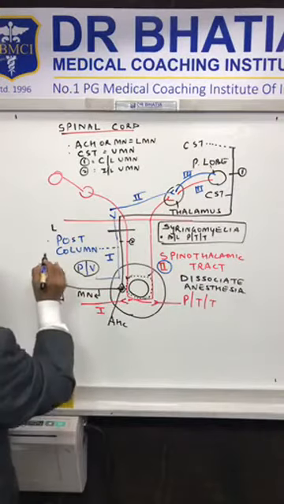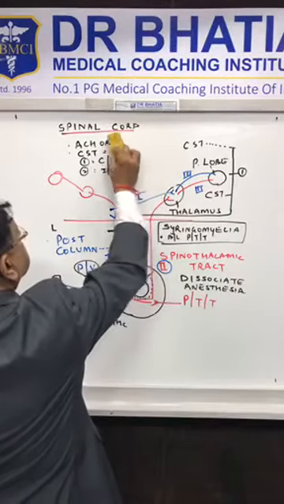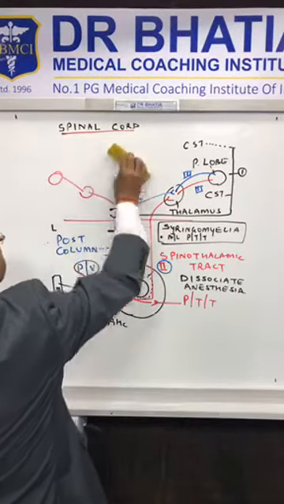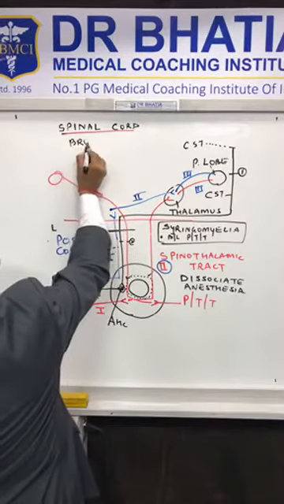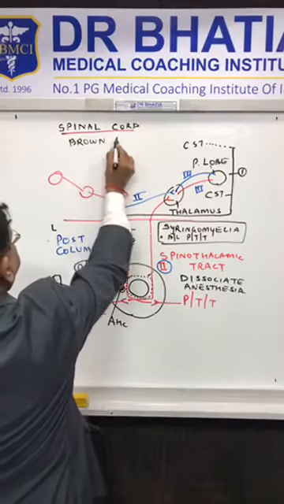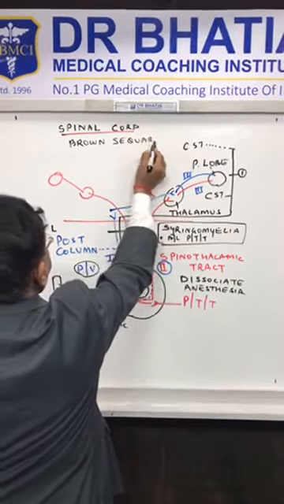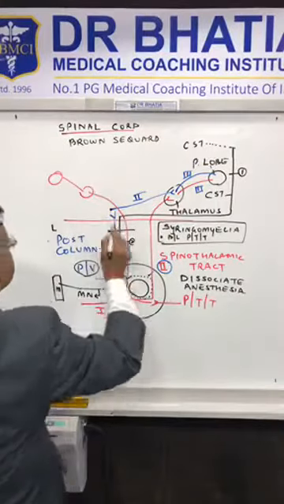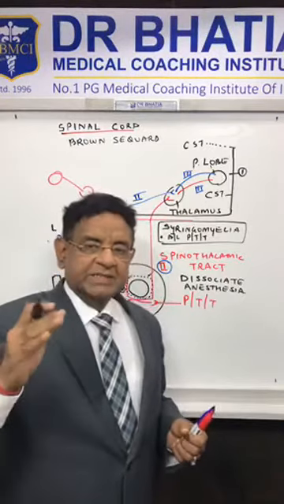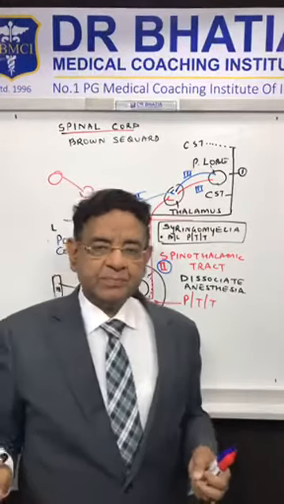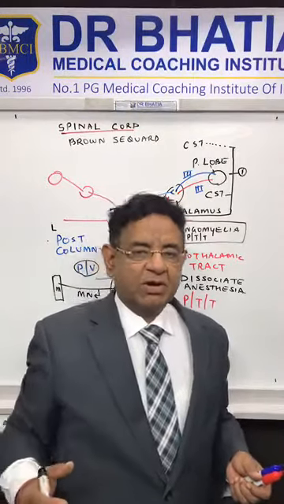So in Brown-Sequard syndrome, one part of the spinal cord is involved. This typically occurs in the thoracic spine region, where one half of the spinal cord is involved.